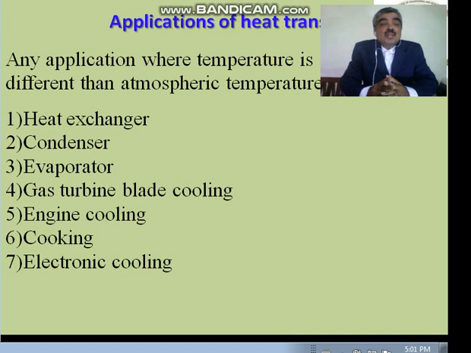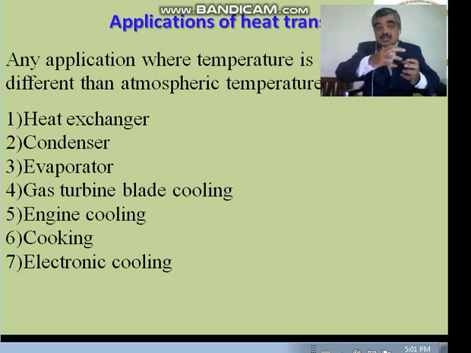In terms of engineering applications, the first application is in the design of heat exchangers.